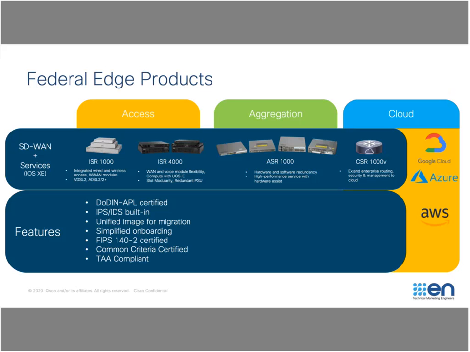These are the platforms that most of our federal customers already use, the ISR 1000s, 4Ks, and the ASR 1Ks. The point is just to show you that a lot of features have been built in, and a lot of features that were already built in are used to feed into this accreditation that we have.